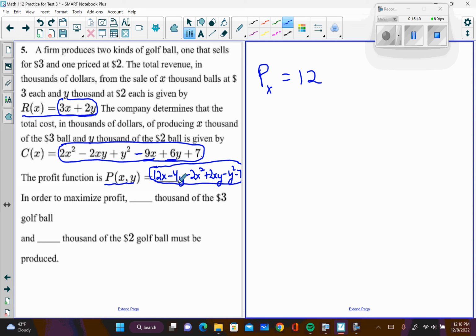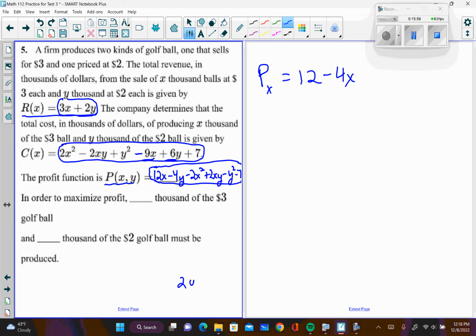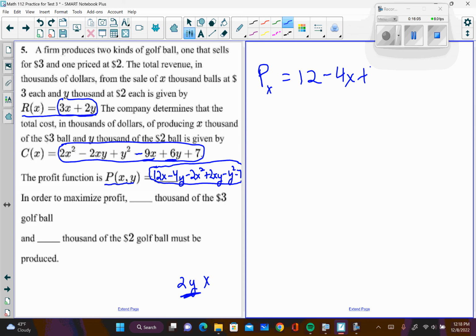The derivative of negative 4y will be 0. The derivative of negative 2x squared is negative 4x. The next term is 2xy, which is the same as 2yx. And y is a constant. The derivative of a constant times x is just the constant. And the derivative of negative y squared minus 7 is 0 because all of that's a constant.